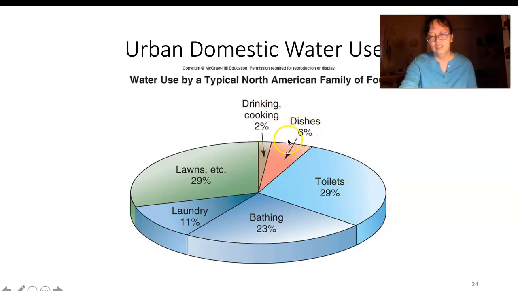Washing dishes also belongs to this big portion of cleaning and washing. And the lawns, 30%, that's a lot. At first, we do not think it's a lot compared to this, right? But compared to the drinking and the cooking, that's 15-fold. So if we can save water here, right? Water our lawns smartly and smartly choose our plants, we can save a lot of water here.